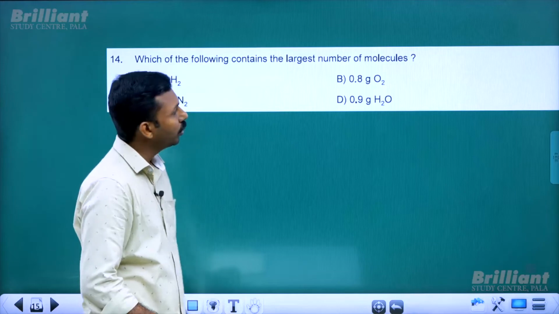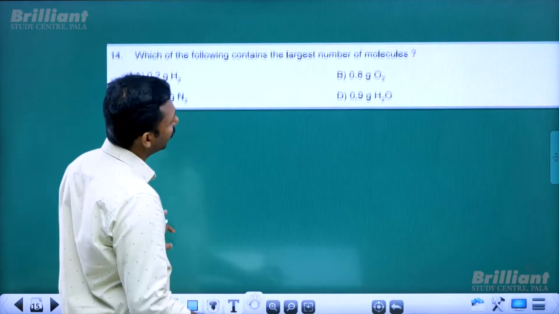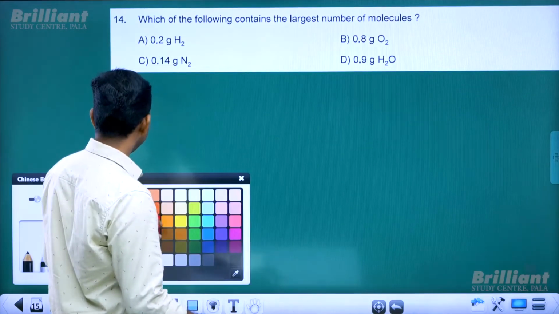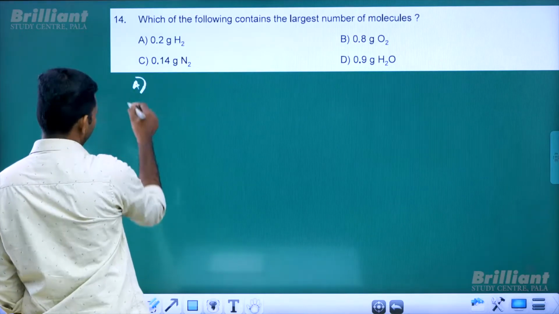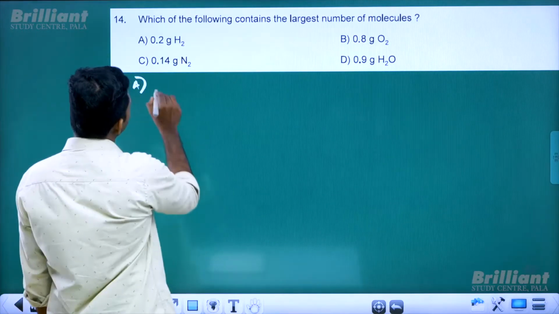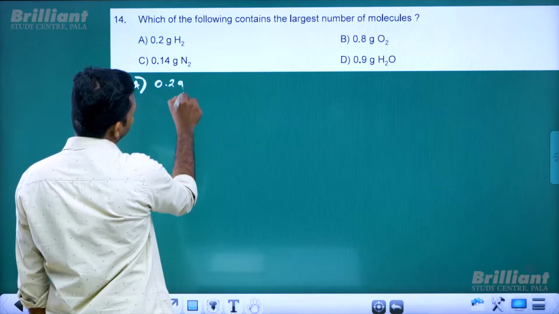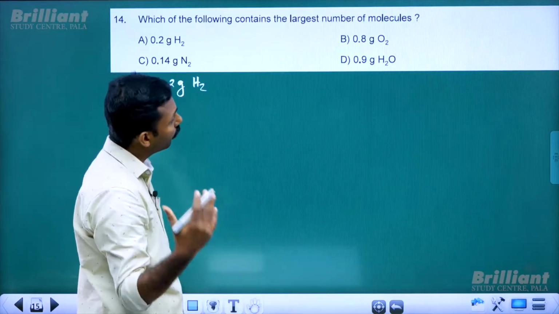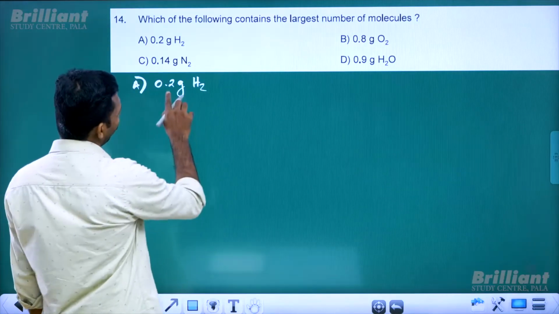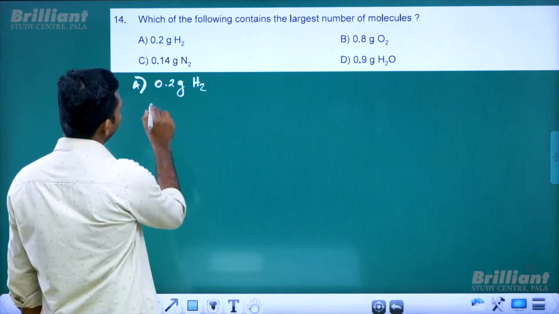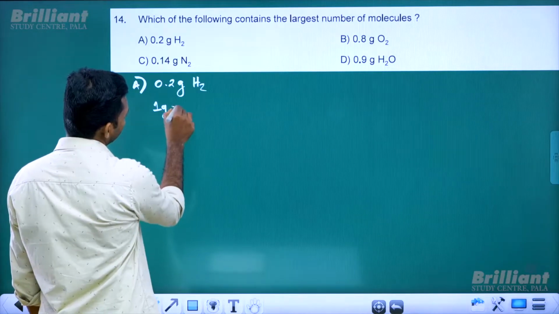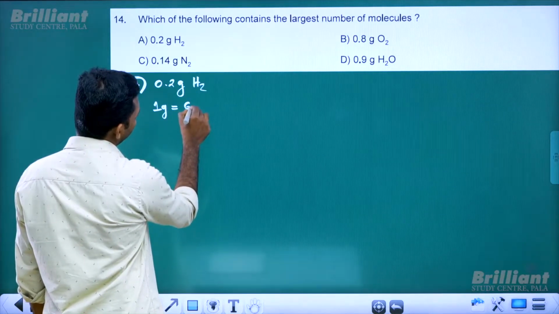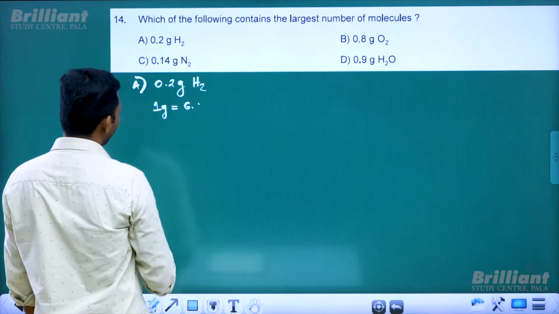Largest number of molecules present in the first one, A. It is given as 0.2 gram hydrogen. So we have to find the number of molecules here. We know that, no, it is molecule, right?